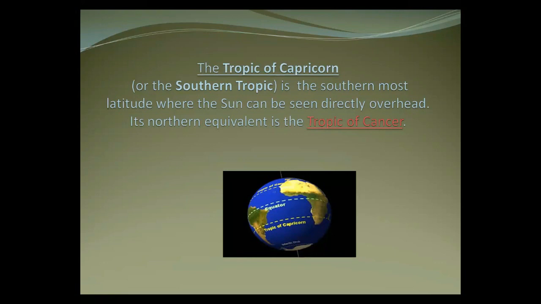The Tropic of Capricorn, or the Southern Tropic, is the circle of latitude that contains the subsolar point at the December or southern solstice. It is thus the southernmost latitude where the sun can be seen directly overhead. Its northern equivalent is the Tropic of Cancer.